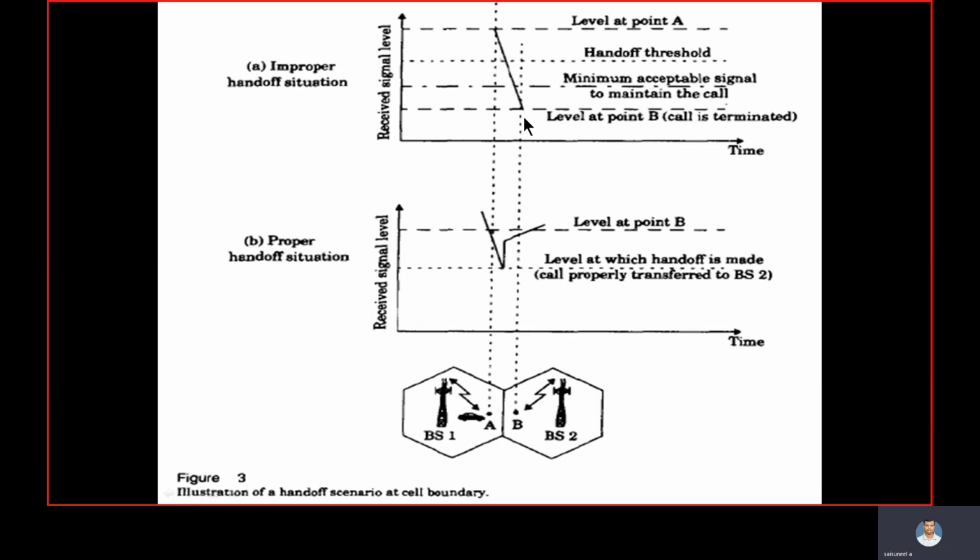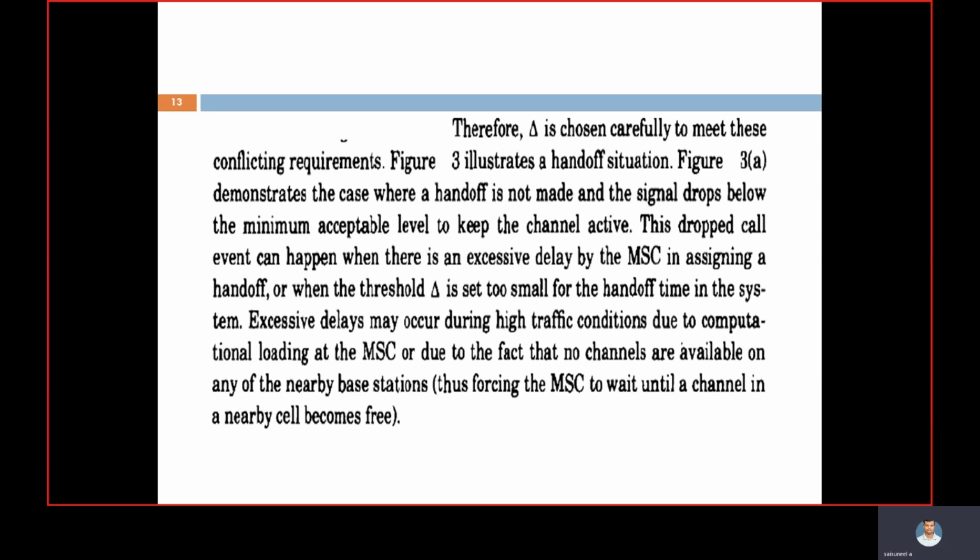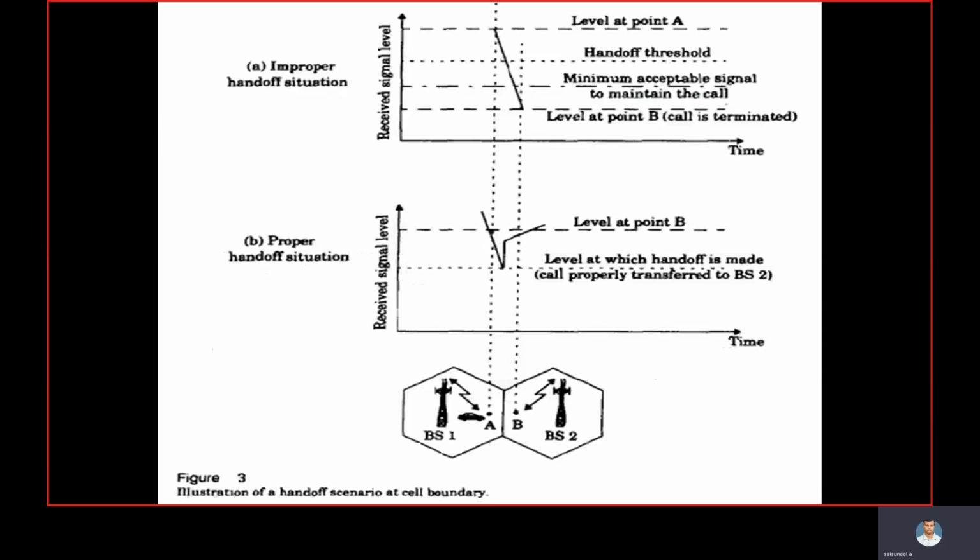This is for improper handoff. Once handoff is initialized, the signal strength suddenly increases. From this block diagram, what is the delta value? Delta equals P received at handoff minus P received minimum usable value. That is the difference between the handoff threshold and the minimum acceptable signal level in a call. That is the delta value.